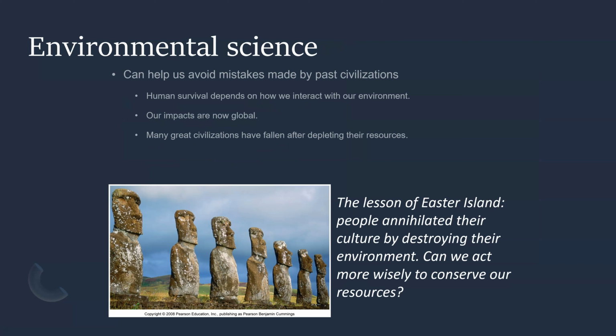All right, so environmental science can help us avoid mistakes made by past civilizations. We do see a lot of mistakes that we would maybe see as common sense mistakes, that past civilizations made and that now we think of as, why would you ever do that?